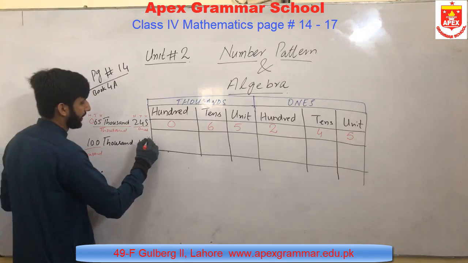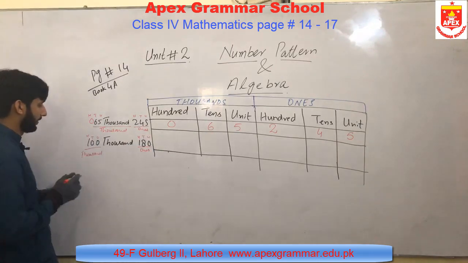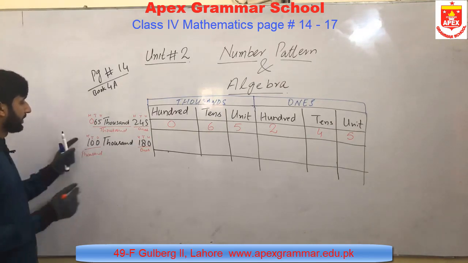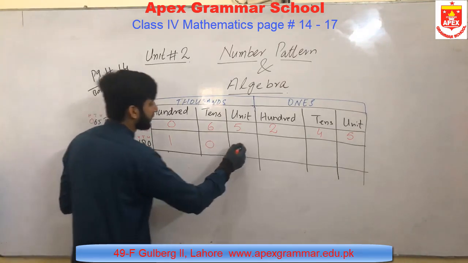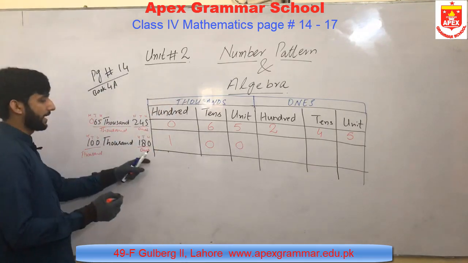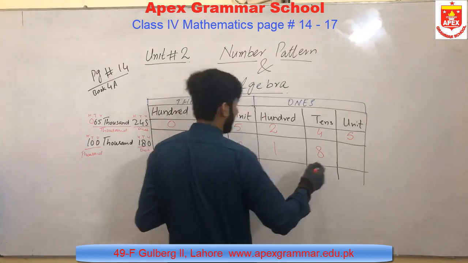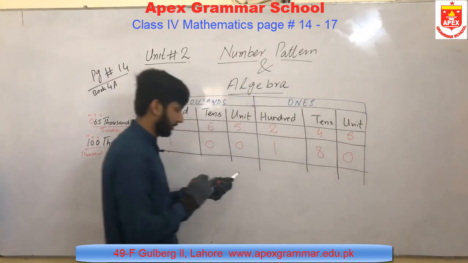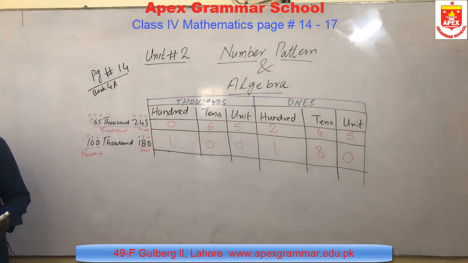This is unit, 10, 100, unit, 10, 100. On thousand side, 1 is at 100 place, 0 is at tens and 0 is at unit. On one side 1 is at 100, 8 is at tens and 0 is on the unit position. This is how to write down the position of every number in the large numbers.